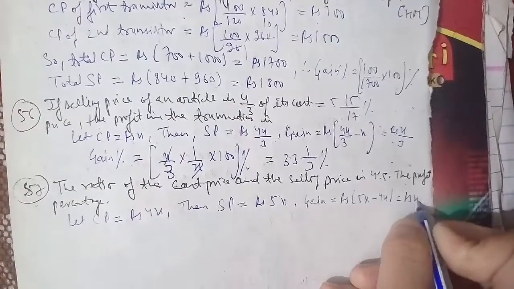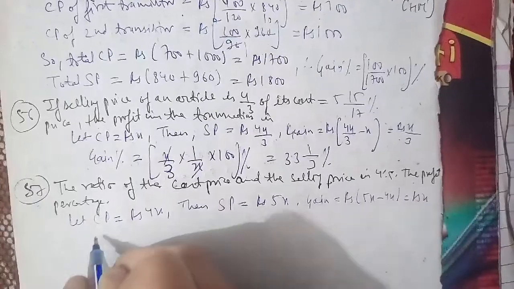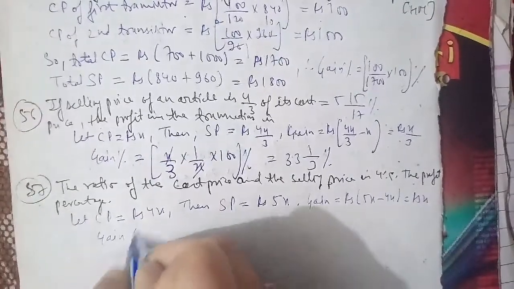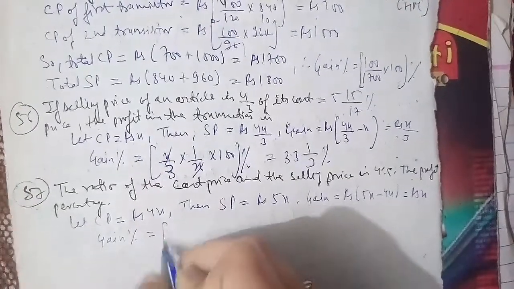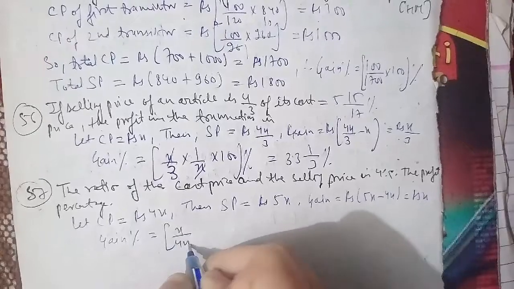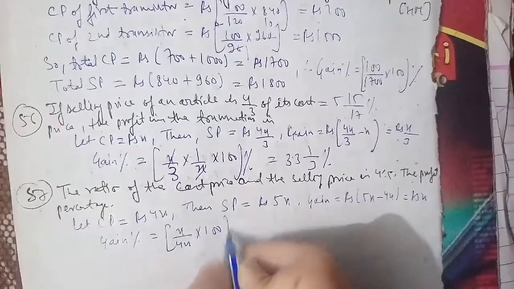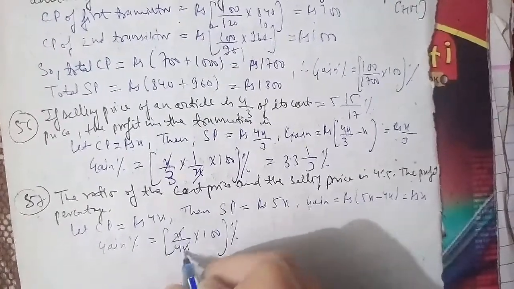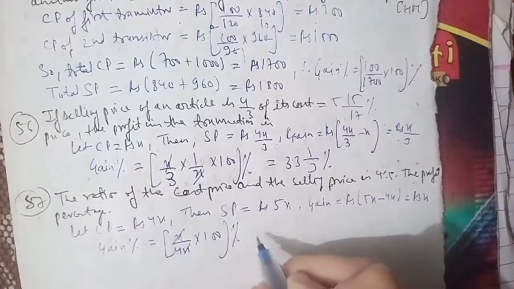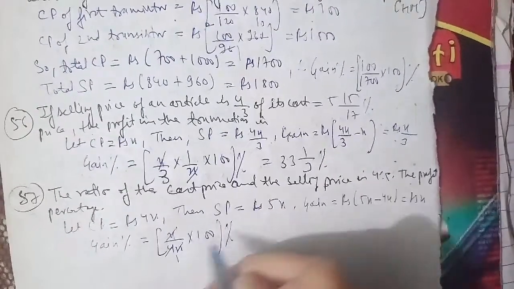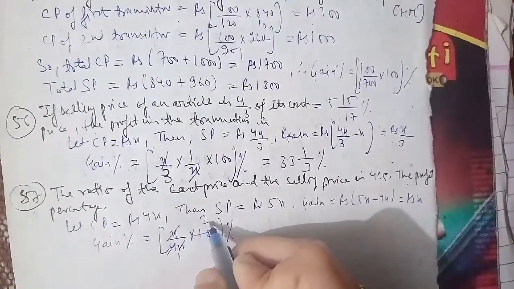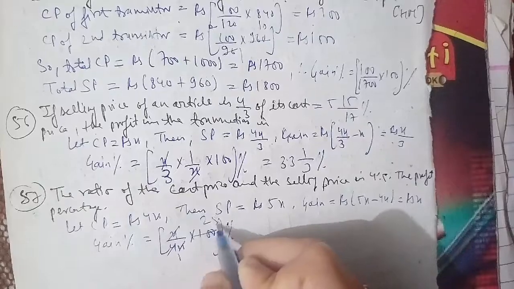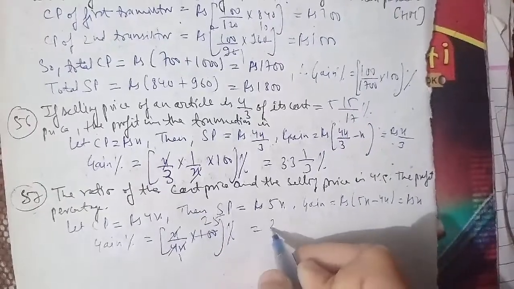Gain percent equals x upon 4x into 100%, x cancelled by x. 4 ones are 4, 4 twos are 8, and 4 fives are 20, so it will be equal to 25%. That we get as your answer here.